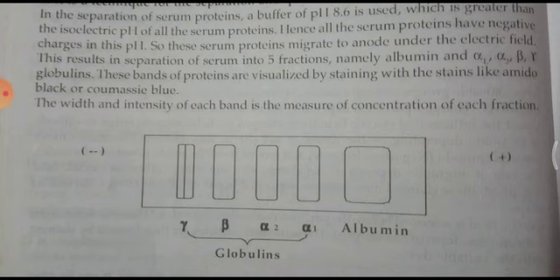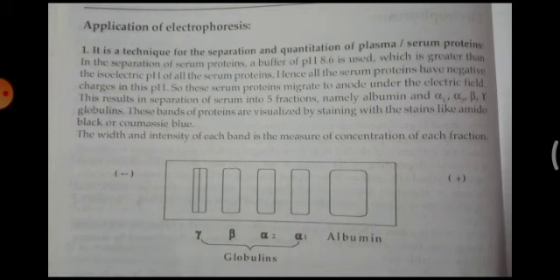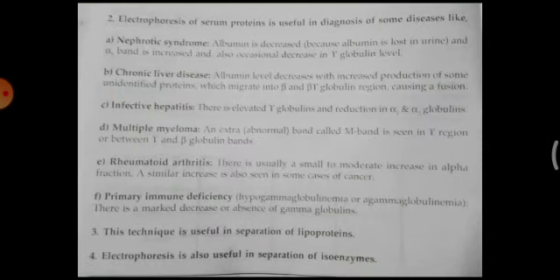You can see negative charge on the left side and positive charge on the right side. The albumin is towards the positive charge and gamma globulin is towards the negative charge. So their net charge, shape and size made these proteins separate from one location and settle at different locations. This is one of the separation techniques.